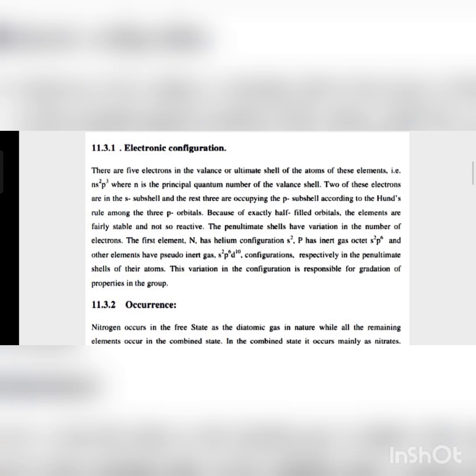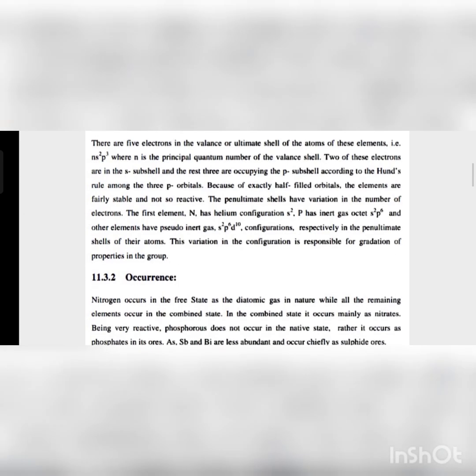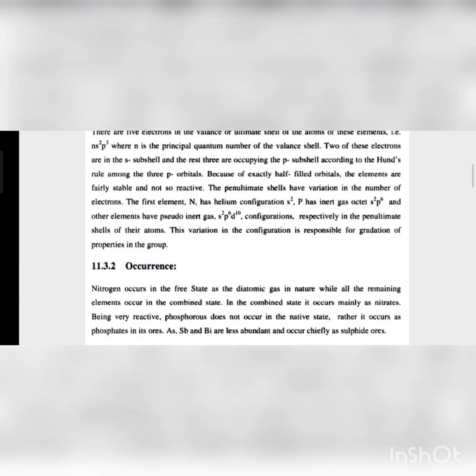This variation in the configuration is responsible for gradation of properties in the group.